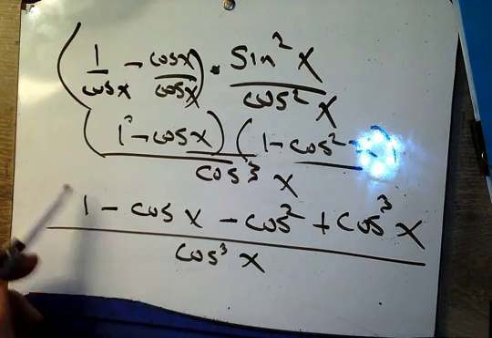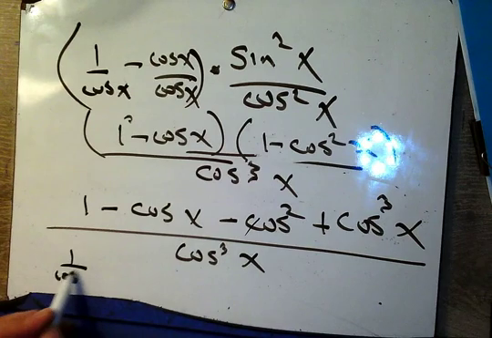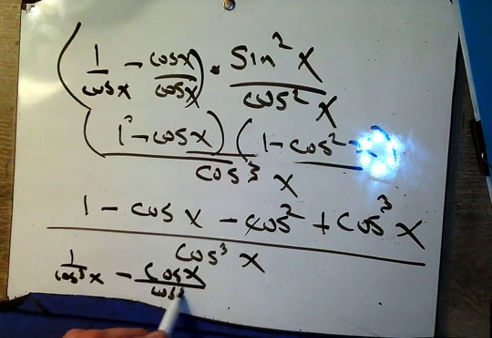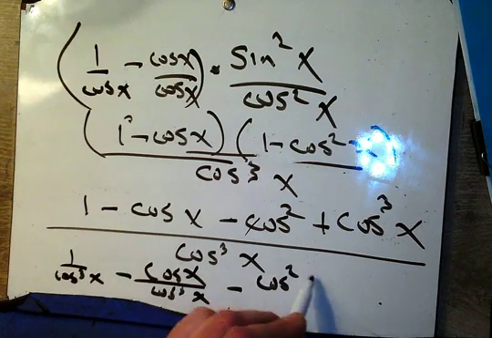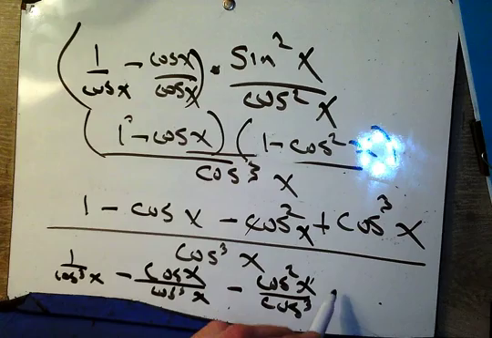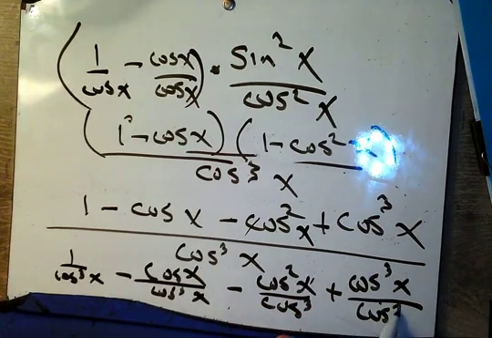Hey, and you know, I could actually split this up into 4 different fractions. 1 over cosine to the third minus cosine over cosine to the third minus cosine squared over cosine to the third plus cosine to the third over cosine to the third.